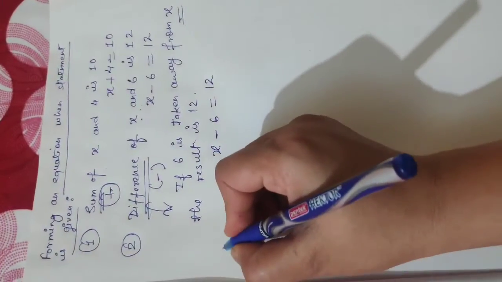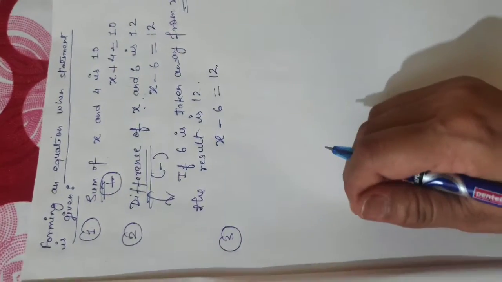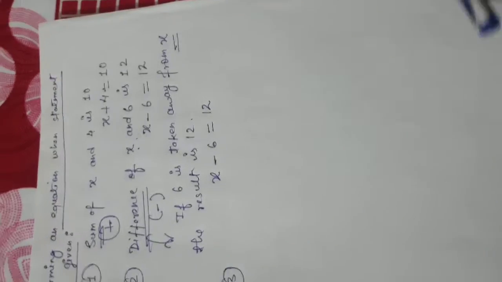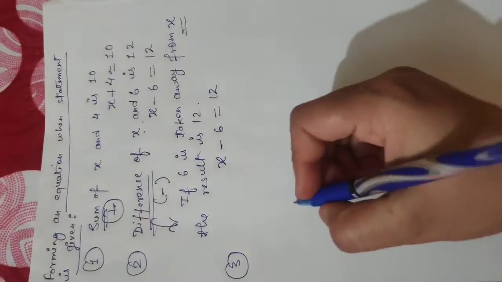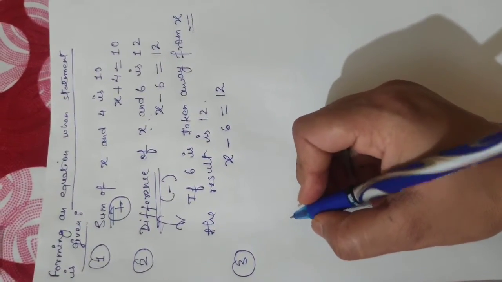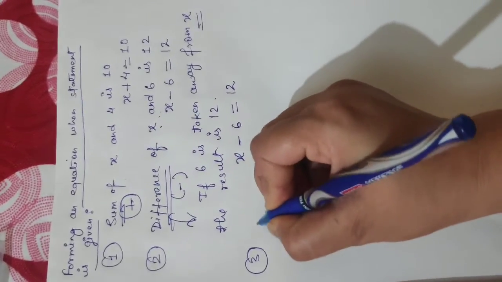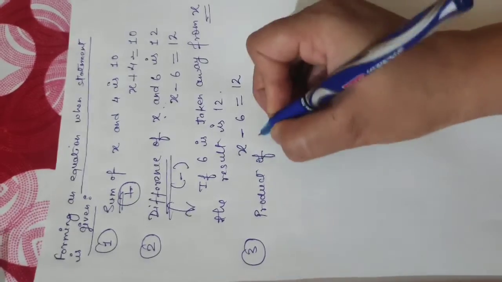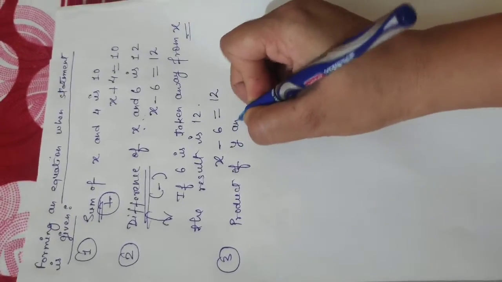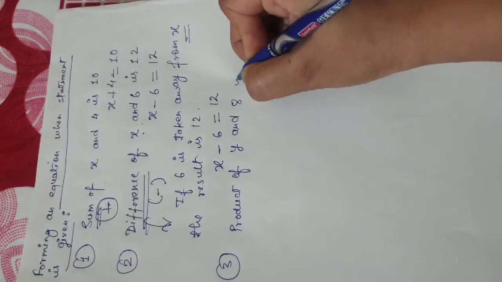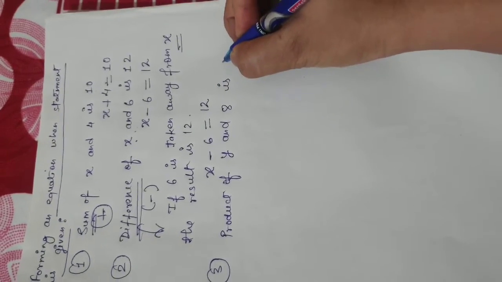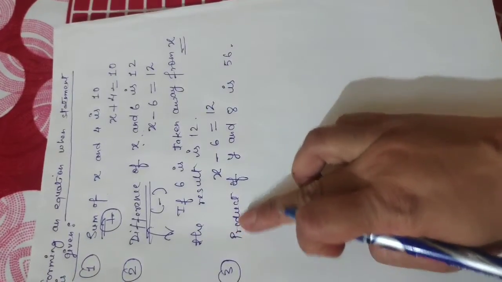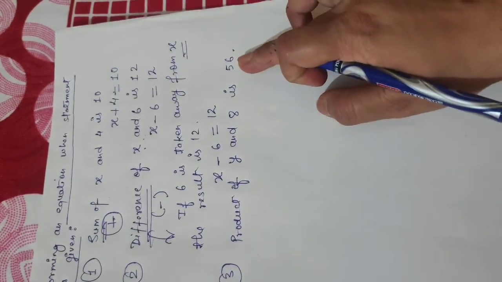Now take another type of problem which can come with the sign of multiplication. See what type of question may be asked when the sign is of multiplication. It may ask like, the product of y and 8 is 56.